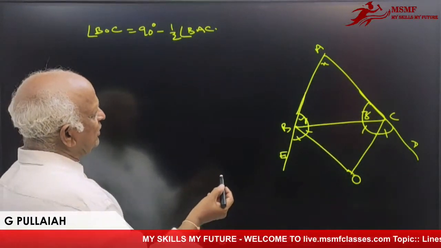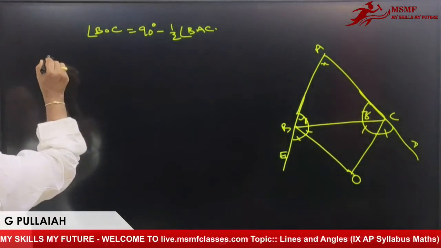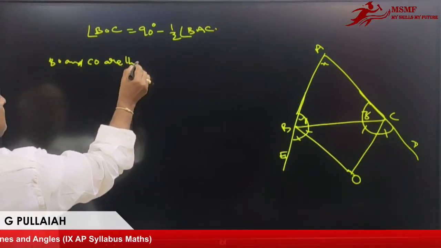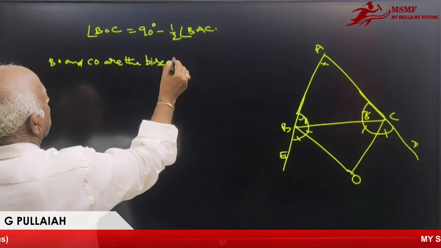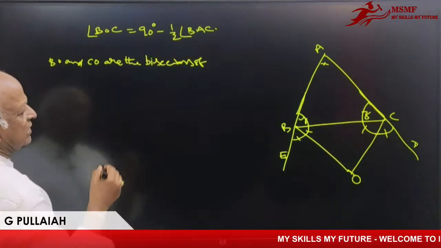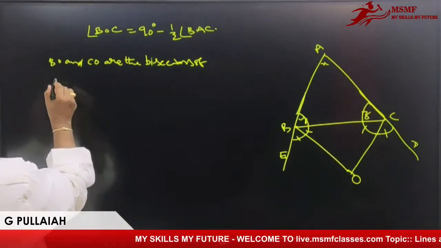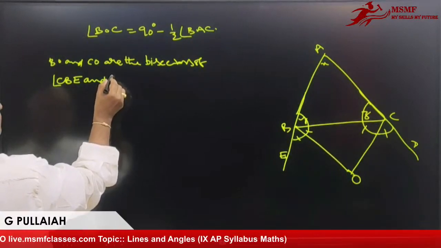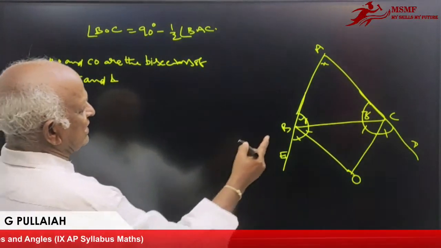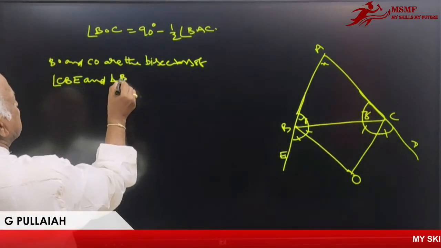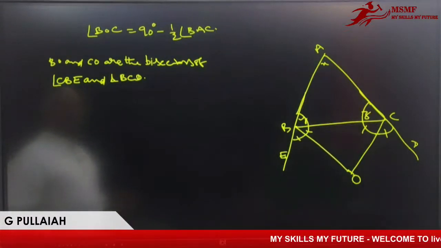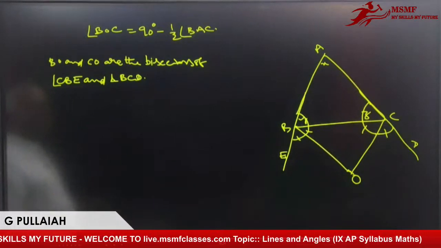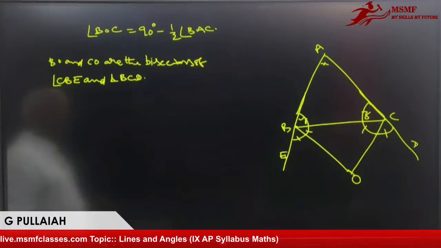Now here, BO and CO are the bisectors of angle CBE and angle BCD.